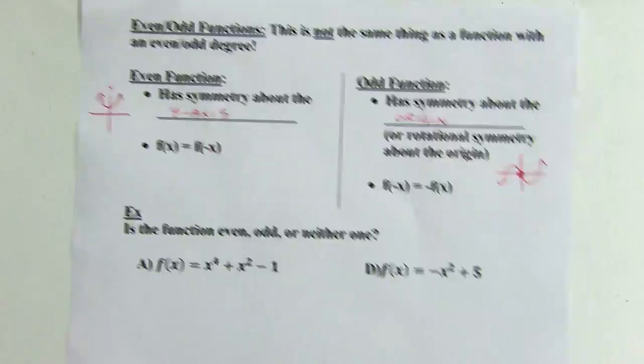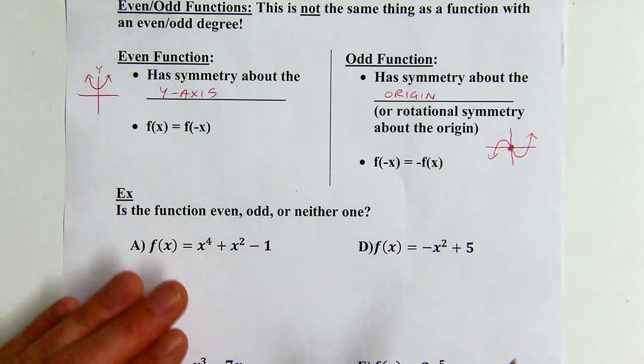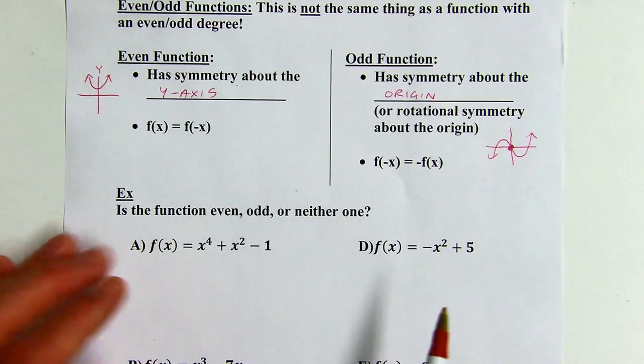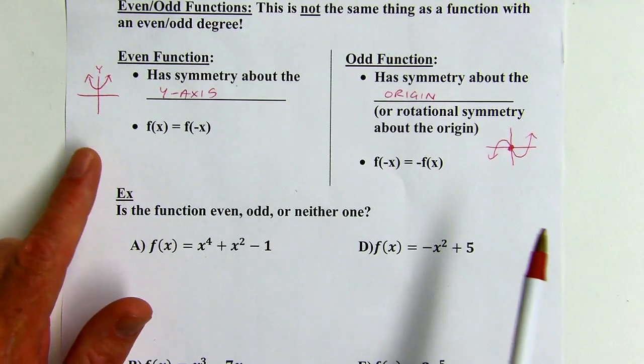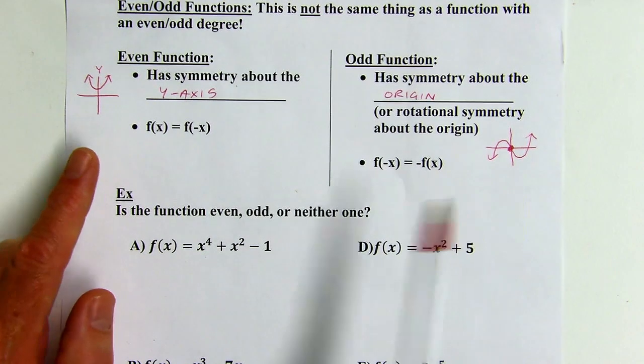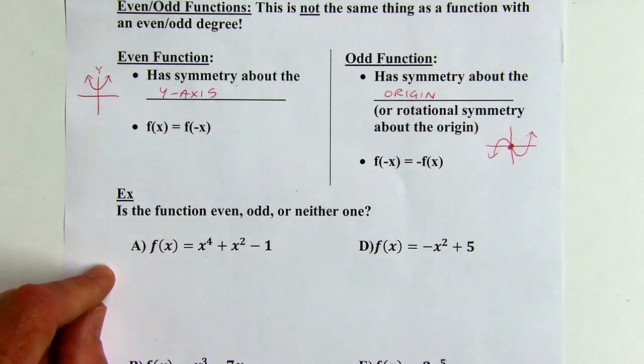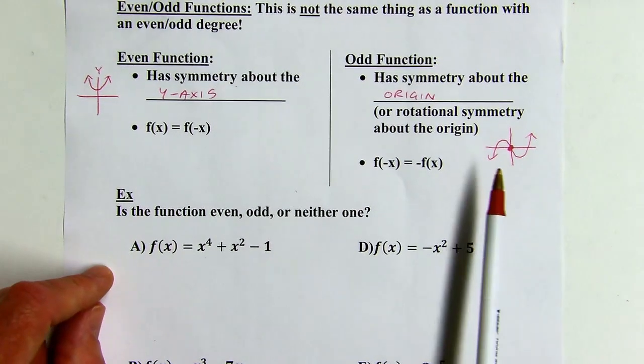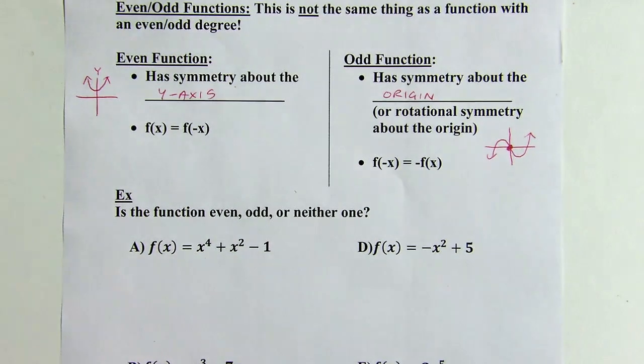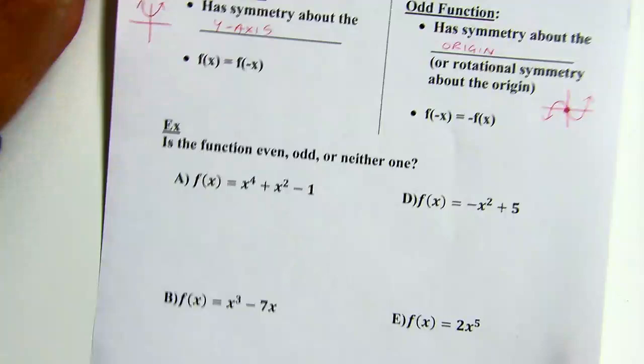So one way with these equations to see if it's odd or even is to graph them, and you can tell sometimes by looking at it. It's just hard to tell. Maybe you have a parabola that's not quite centered on the y-axis, but it's very close, or the same thing with rotational symmetry. But you could look at the graph.